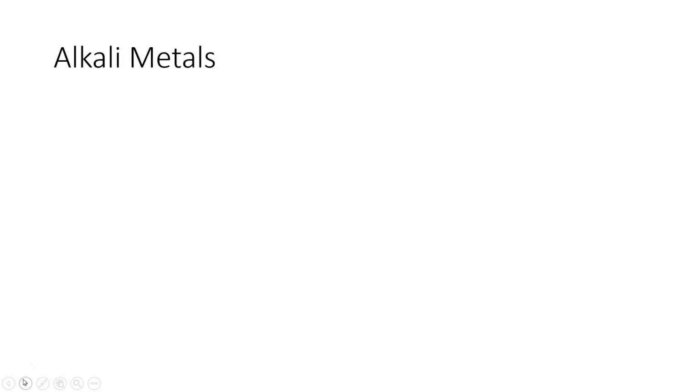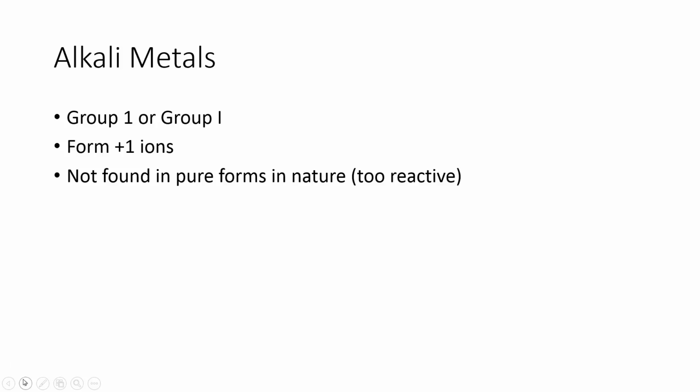All right, now we need to learn a few things about a few of the major groups. The first one that we need to learn is about the alkali metals. You'll find them in group 1 on the periodic table. Things that they have in common with each other: they all form +1 ions, so that means they all like to give away 1 electron when they're atoms to form ions that have a +1 charge.